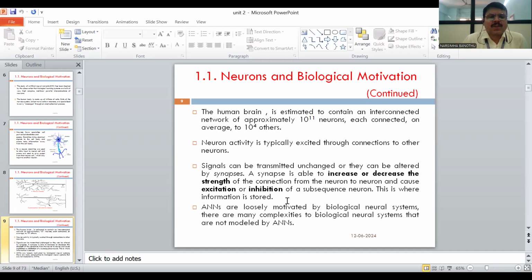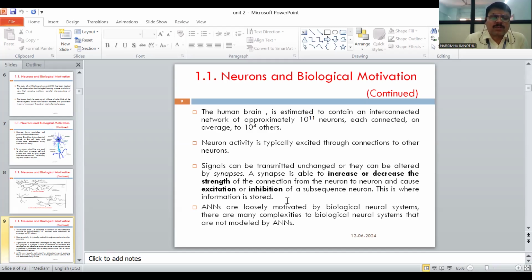Signals can be transmitted unchanged or they can be altered by the synapse. The synapse is able to increase or decrease the strength of the connection from neuron to neuron, and cause excitation and inhibition. This is where the information is stored.